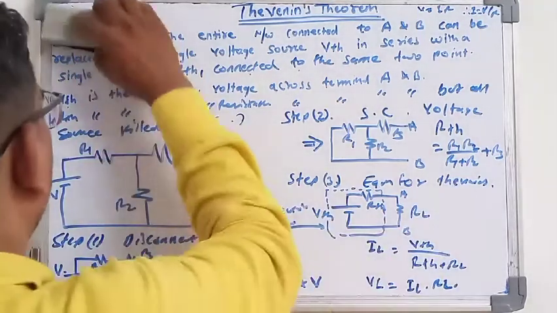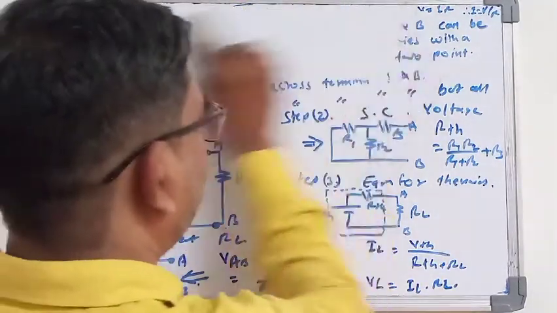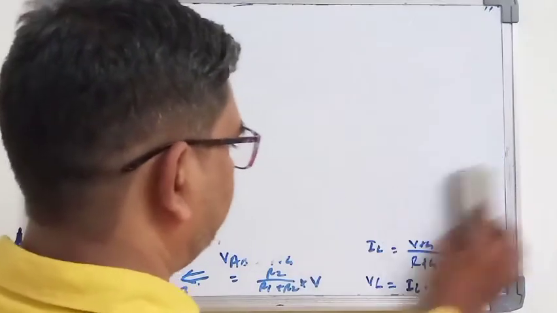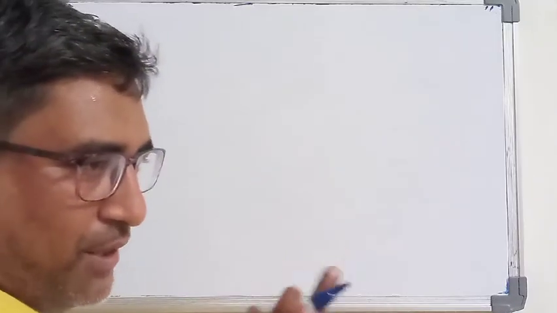Okay, I thought that you are understanding this. Consider the problem. Consider this circuit. You have to find out the load voltage, the load current, the VTH and the RTH value.